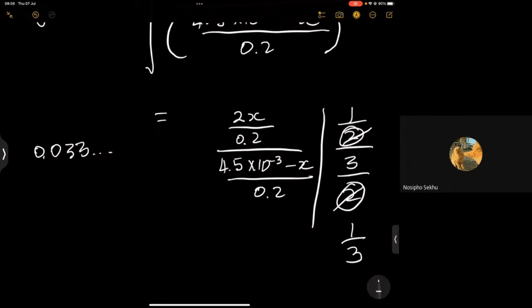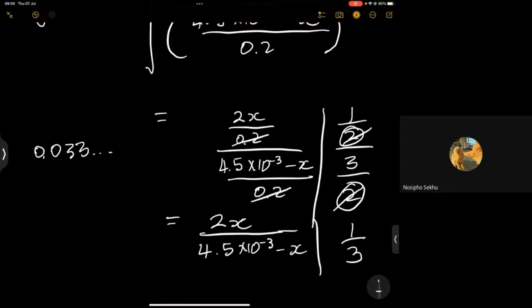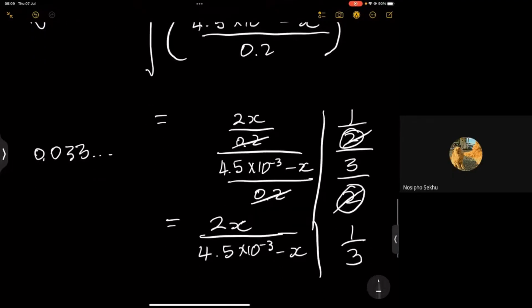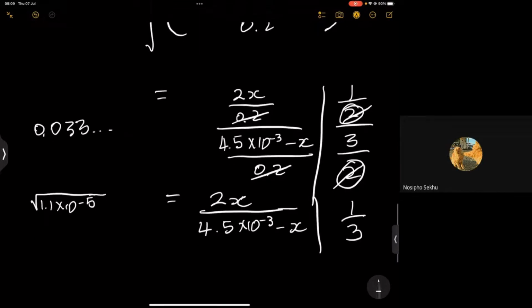So in this case, I'm trying to simplify the maths for myself, so I can drop down the 0.2s. So what am I left with on the left-hand side? On the right-hand side, I have 2x over 4.5 times 10 to the power negative 3 minus x, okay, which is equal to, in fact, you know what, let's just leave it as square root of 1.1 times 10 minus 5. All right, are we all okay so far?